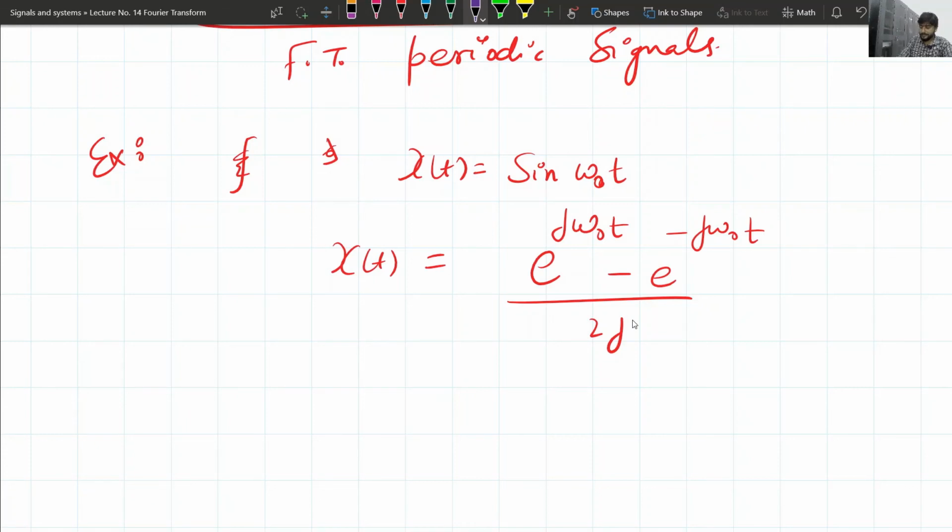Then it has frequency components, one is plus omega naught and the other is minus omega naught. Then we can write C1 as 1 by 2j and C minus 1 as minus 1 by 2j.